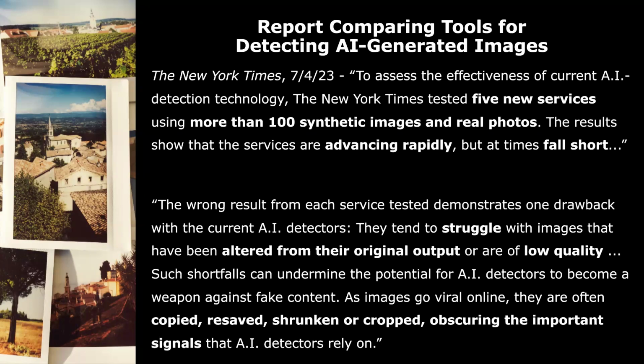As images go viral online, they are often copied, resaved, shrunken, or cropped, obscuring the important signals that AI detectors rely on, end quote. If these tools cannot easily detect AI-generated images when the quality, perspective, or presentation of these images is changed, then only a few quick edits would be needed to make an AI-generated image that much harder to identify.